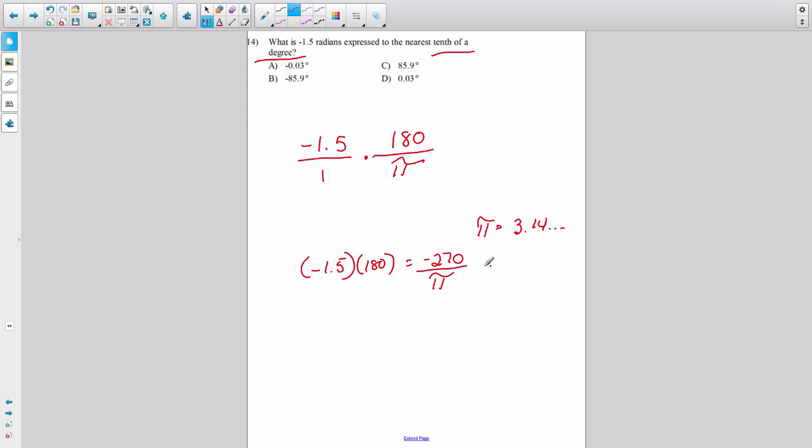And this is what I get. 85.94336. So to the 10th is 1 decimal. And that's a 4. 5 and above, give it a shove. So if it's below 5, we leave it alone. Here's my correct answer, 85.9, choice C.